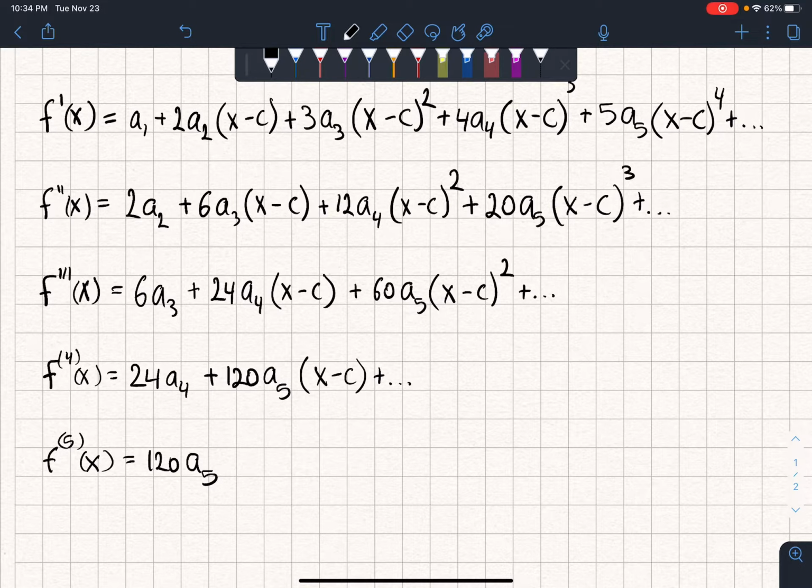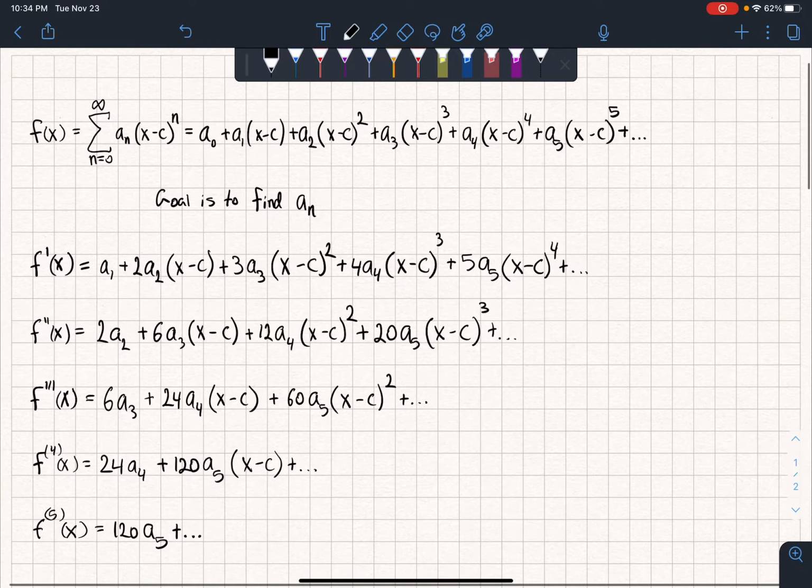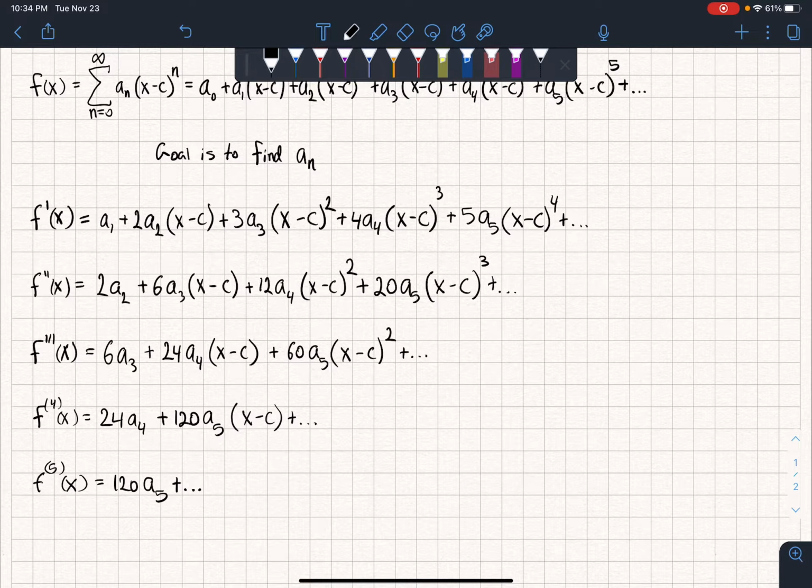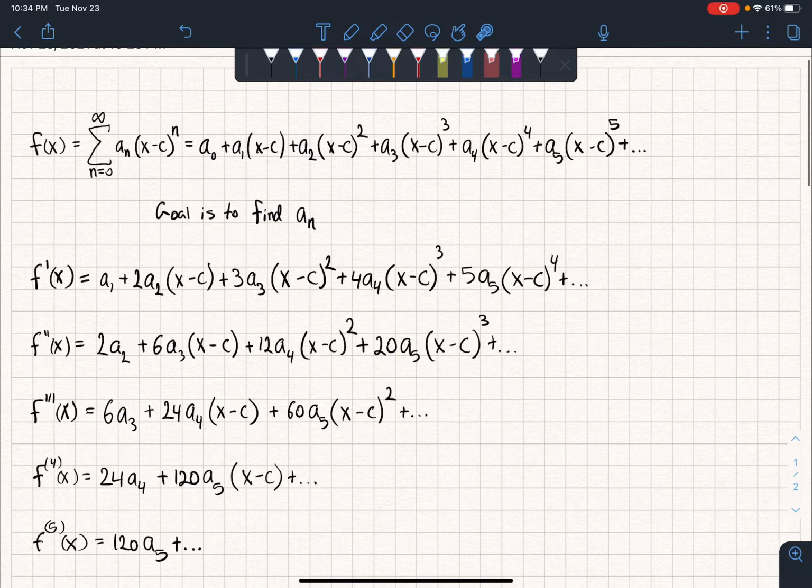All right. So why did I just take all these derivatives? Well, now notice if we evaluate f of x, f prime of x, f double prime of x, all these functions at the special point where x is equal to c, in f of x, if we plug in x equals c, from this term all the way on to infinity, every term is 0.